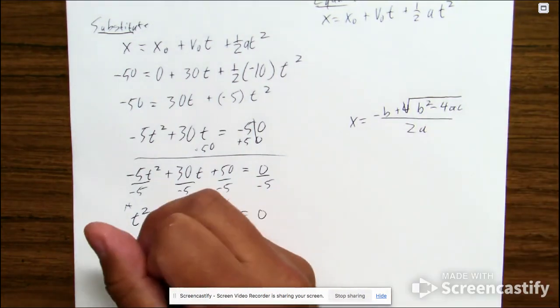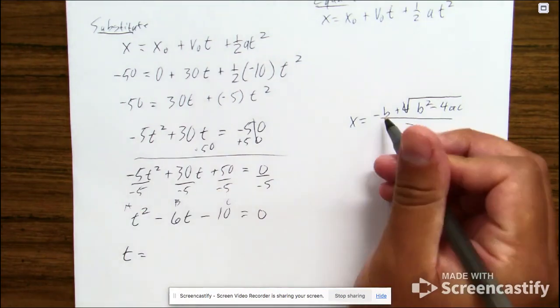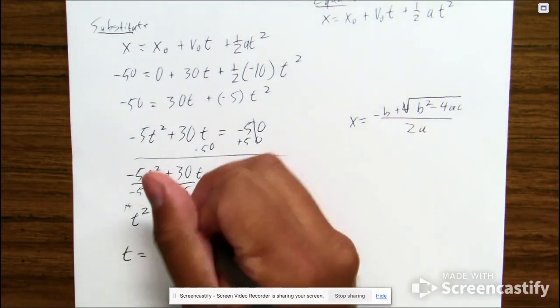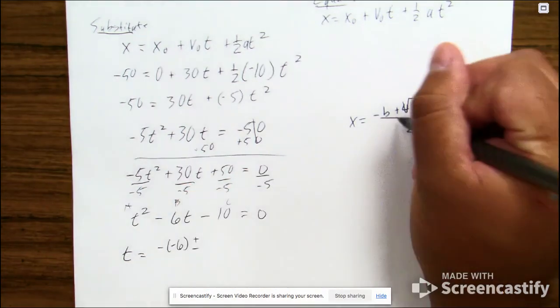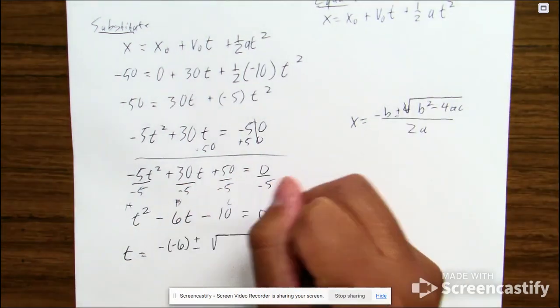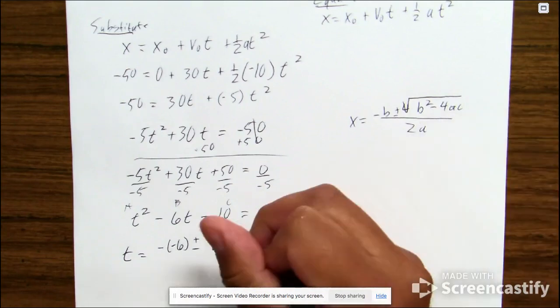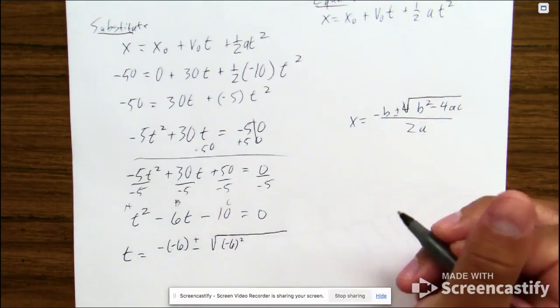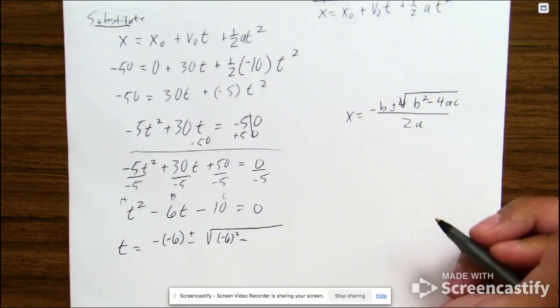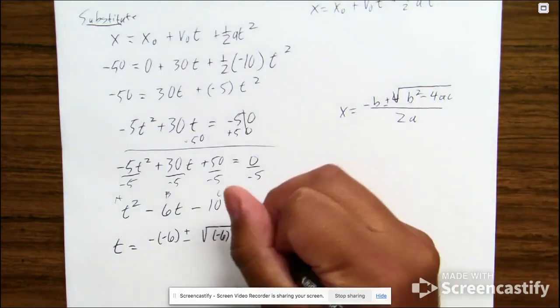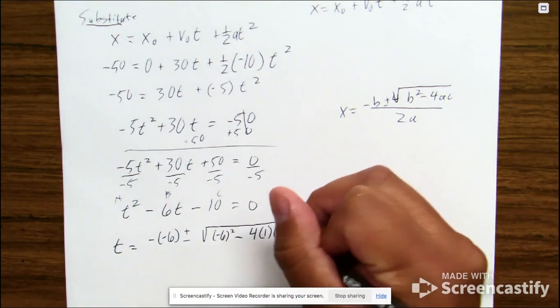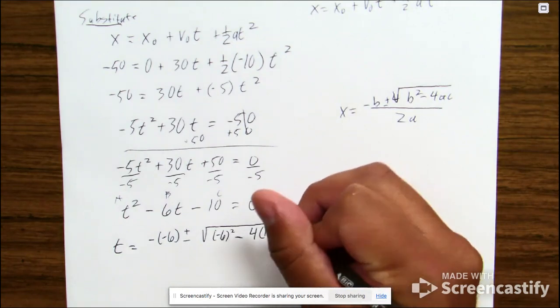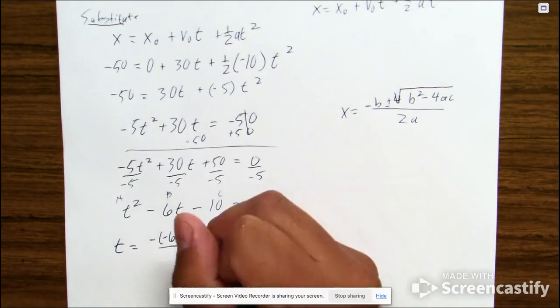So t is equal to -b, which is -6, plus or minus the square root of b squared, which is -6 squared, minus 4a, which is 1, c, which is -10, all over 2a.